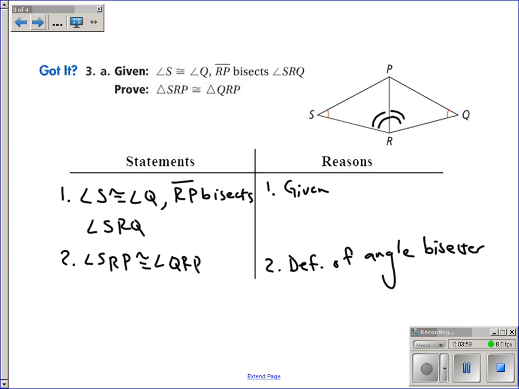And the answer would be this one, by the reflexive property. Now keep that in mind. Whenever you have two triangles that touch each other, then you will almost always use that common piece using the reflexive property. So PR is congruent to PR, and the reason is the reflexive property.